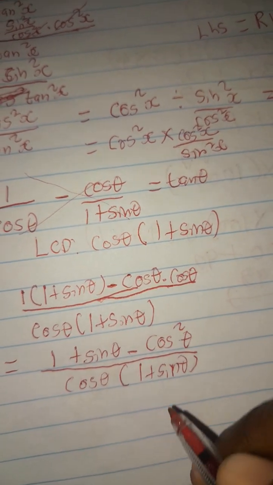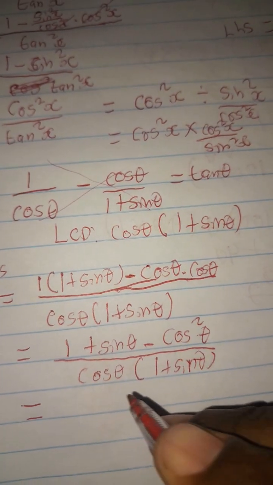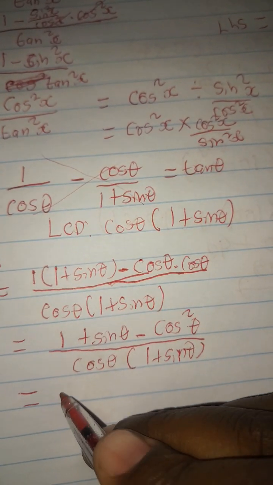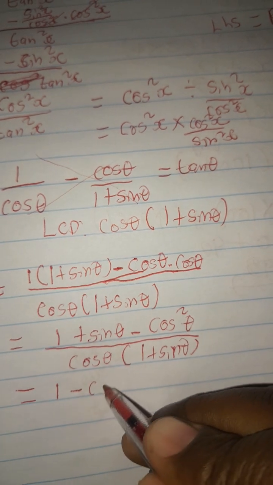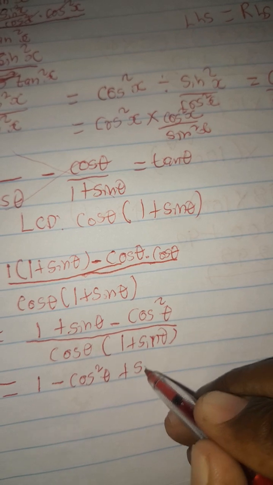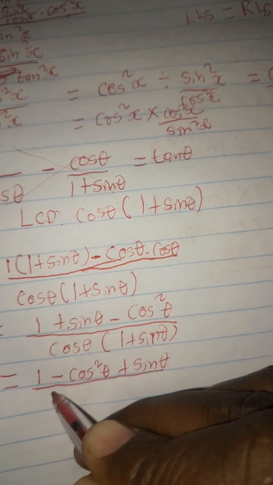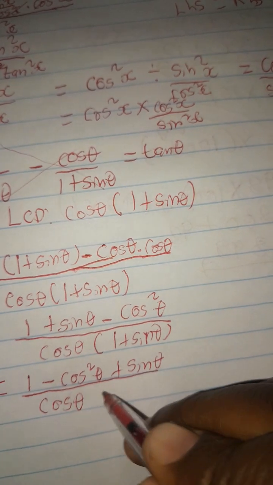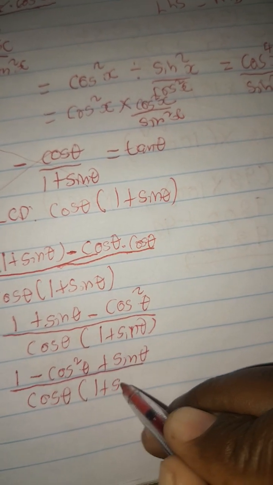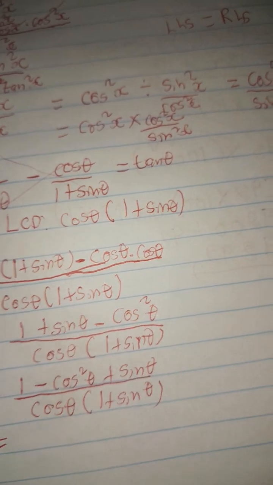So let's work out the numerator. We can see that we have a square identity there, which is 1 minus cos squared theta plus sine theta. We just arrange it. What is 1 minus cos squared theta?